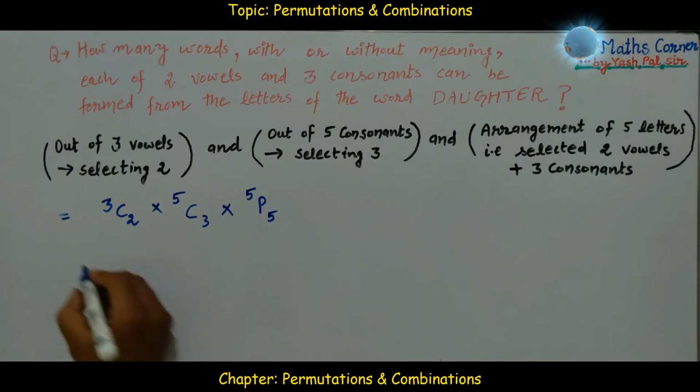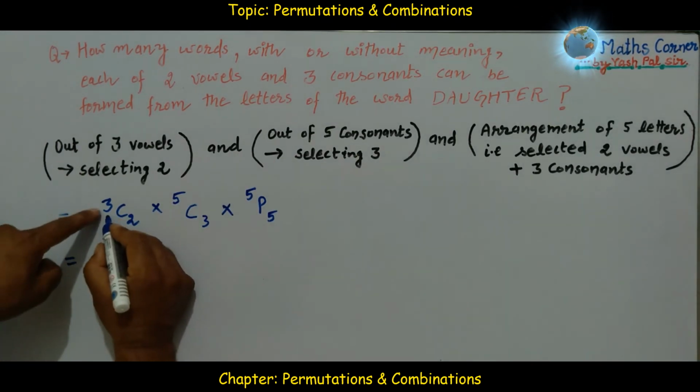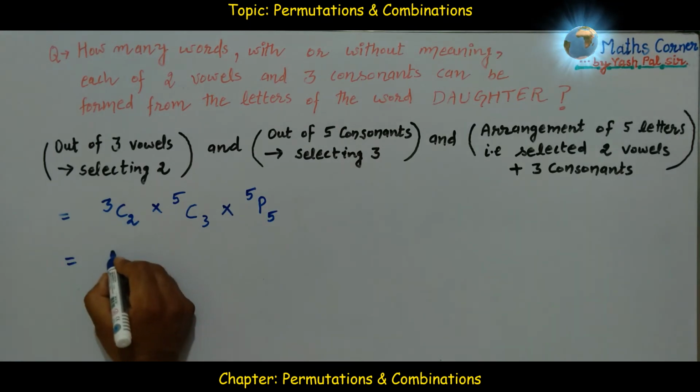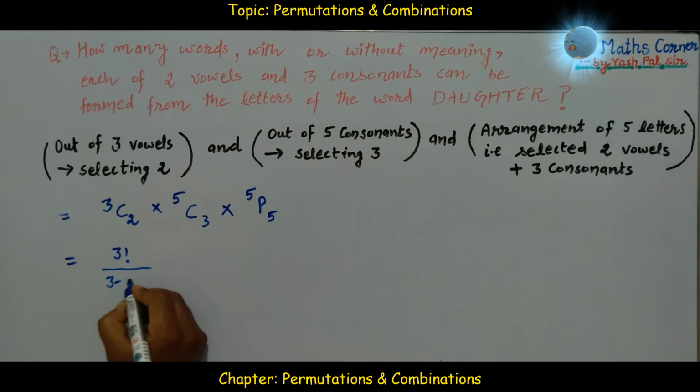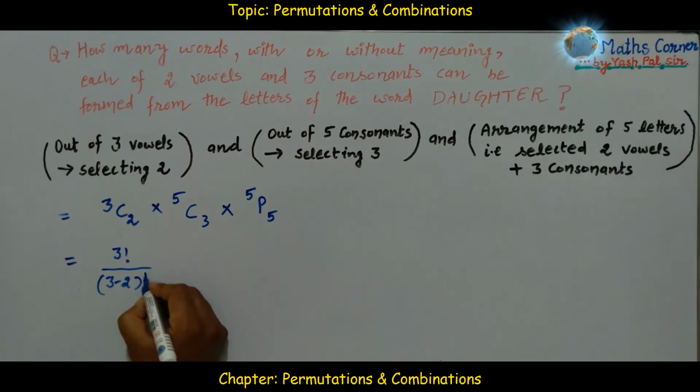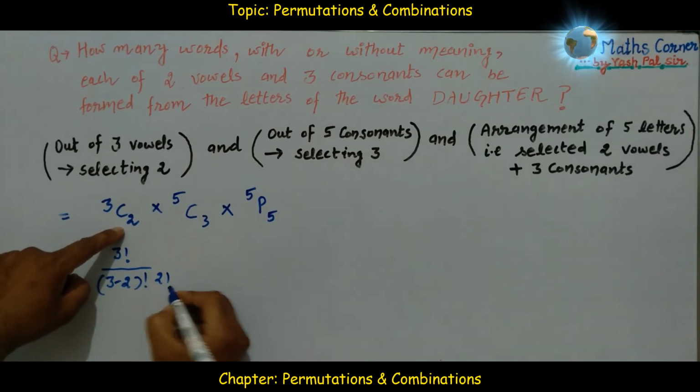Okay, now how can this be done? First of all, 3C2 means 3 factorial divided by (3 minus 2) factorial into 2 factorial.